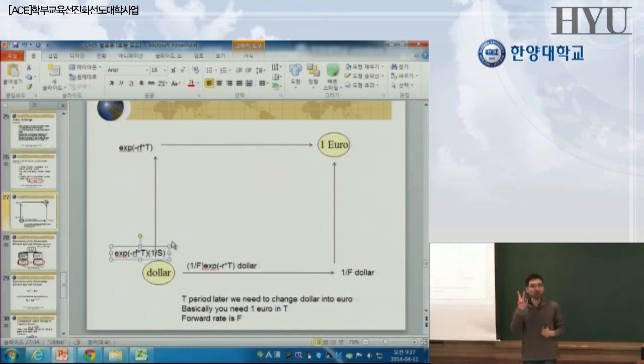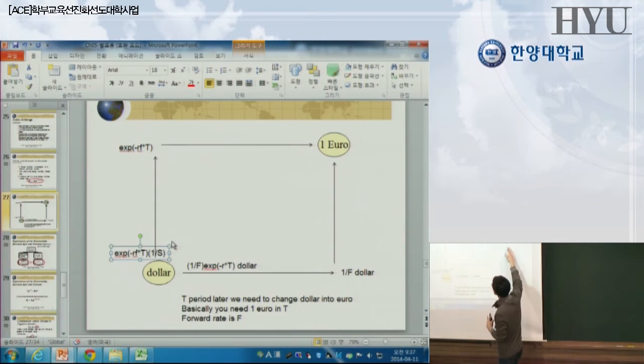So we have 2 ways of having 1 euro, right? Because both routes generate exactly the same 1 euro, it shouldn't matter which route you take. This is the amount of dollar you need through this route, and this is the amount of dollar you need through this route, and each makes 1 euro.